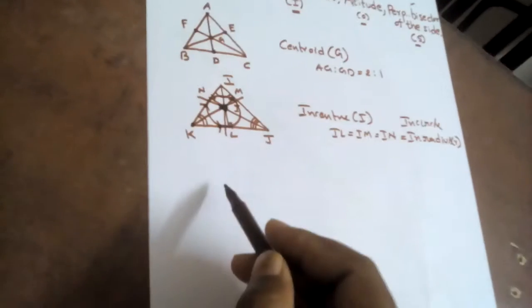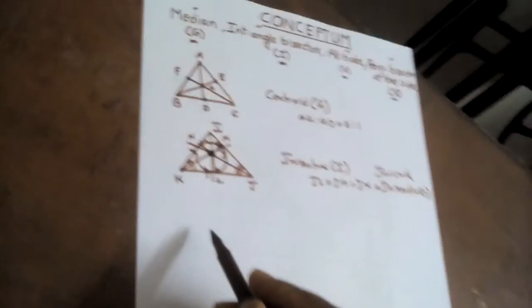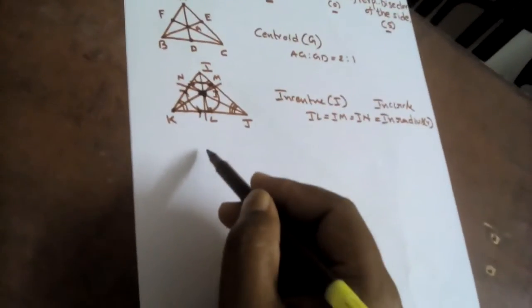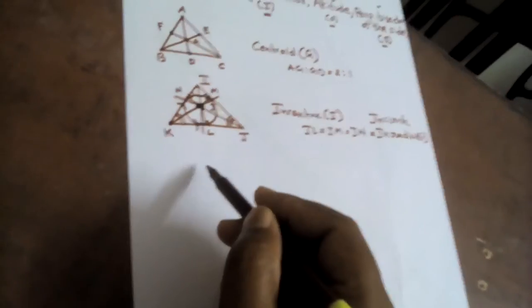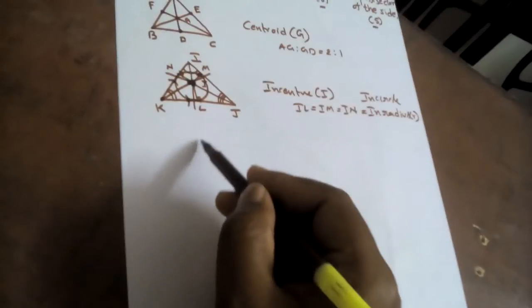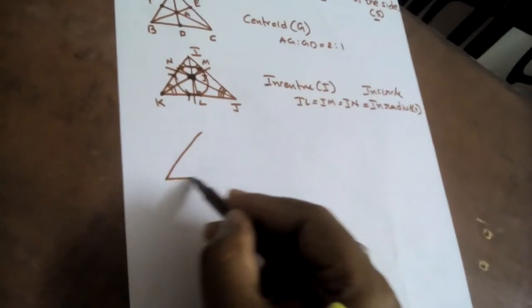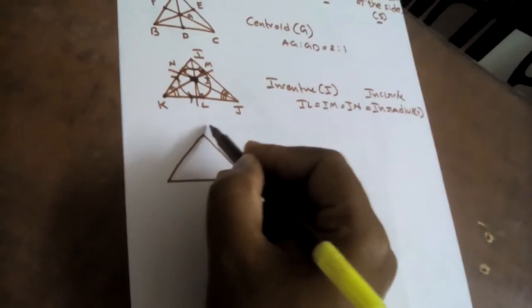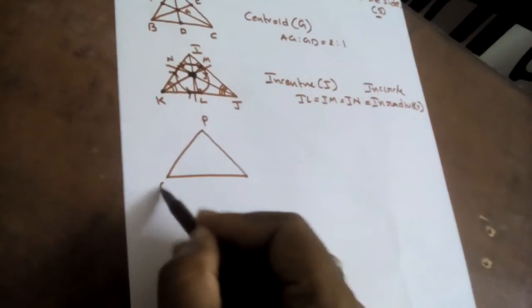Now take the orthocenter. Let's take one triangle. Say this is PQR.